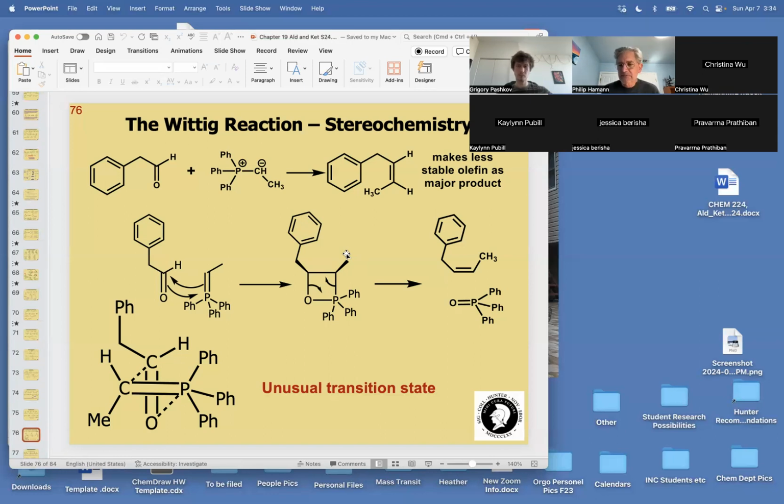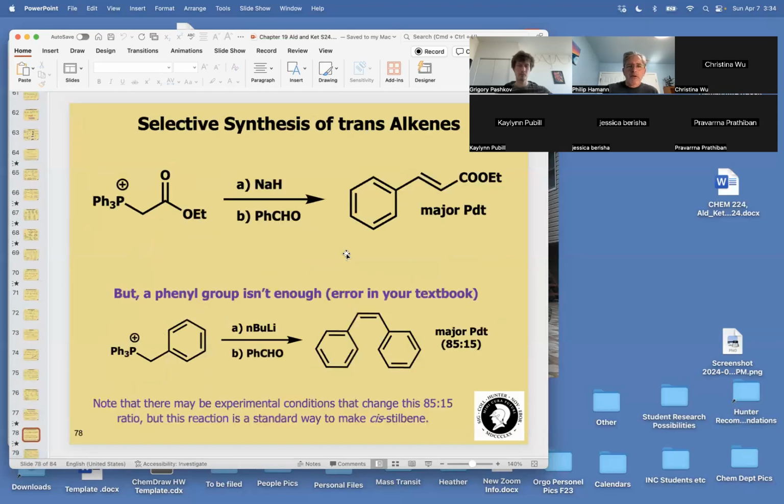I have a quick question about this reaction too. In the book, there's a bunch of stuff about electron withdrawing groups and how it affects that. I know you said some of the book stuff on this reaction was wrong. Should we ignore that? This is the mistake. The rest is fine. They said that phenyl gives trans now, and it doesn't, not under standard conditions, not in the literature.